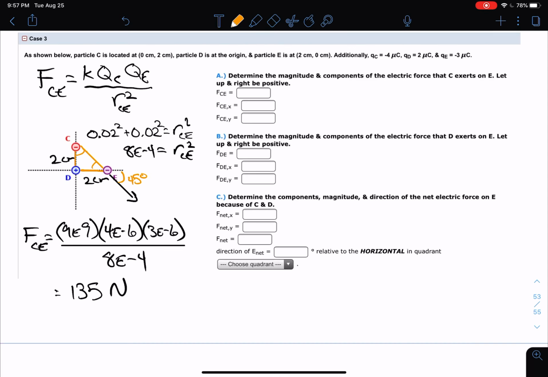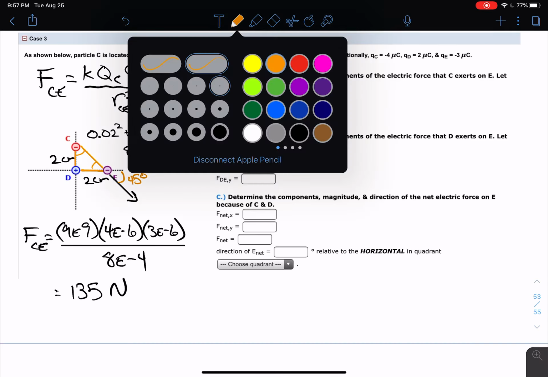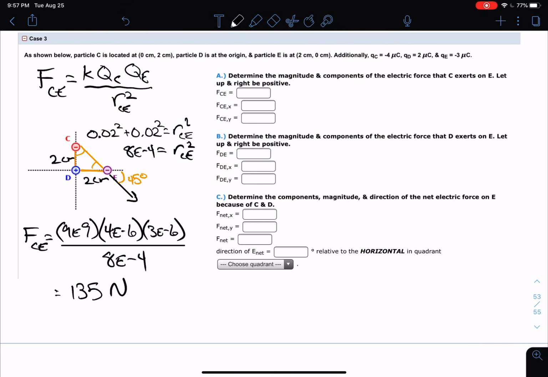And so that means if I want the x component, then I know that FCEX has got to equal FCE times, let's see, I want the cosine to get the x component, so the cosine of 45. And of course, if I want the y component, it would be the sine of 45.